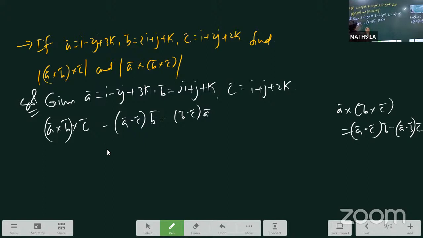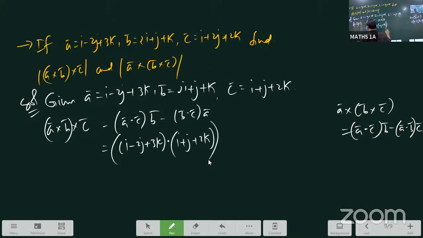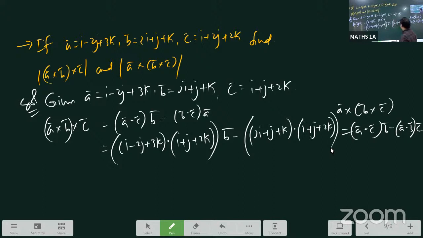It means that is equal to, open the bracket, i minus 2j plus 3k dot product with c bar, that is i plus j plus 2k, is it clear, into b bar, minus, again open the bracket, a bar dot b bar, that is i minus 2j plus 3k dot product with 2i plus j plus k, into c bar. Is it clear?